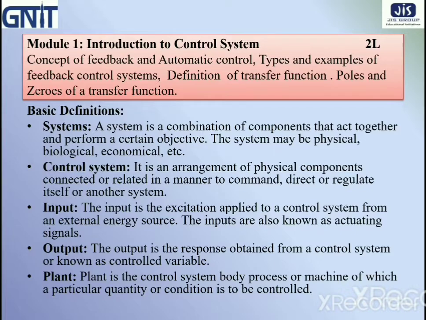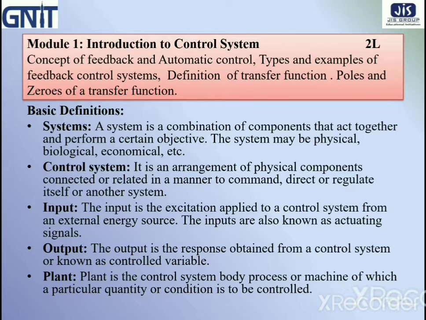And next, what is input? Input of a system means the input is the excitation. Input is basically the excitation that is applied to a system. And output is basically the response that we get from the system.